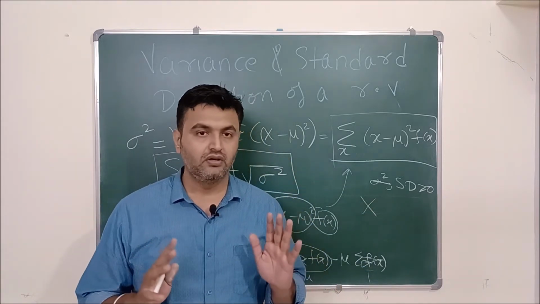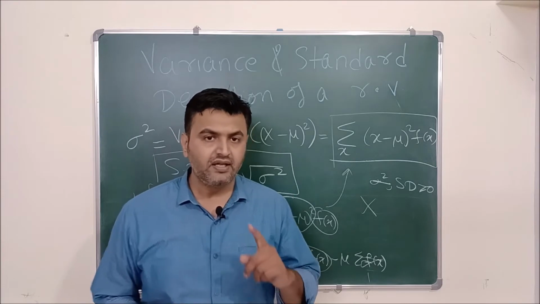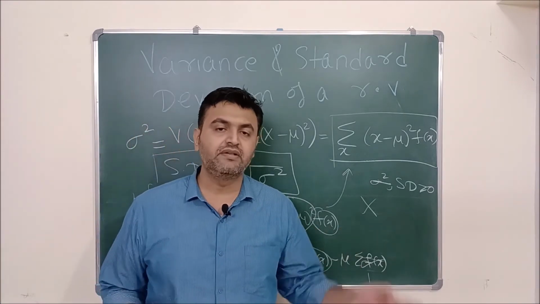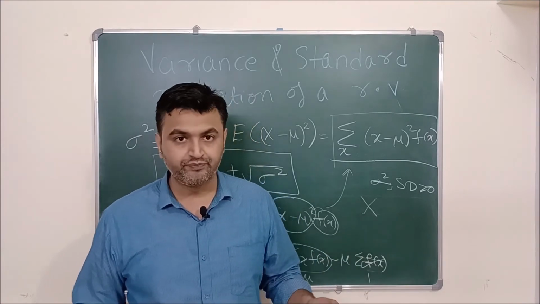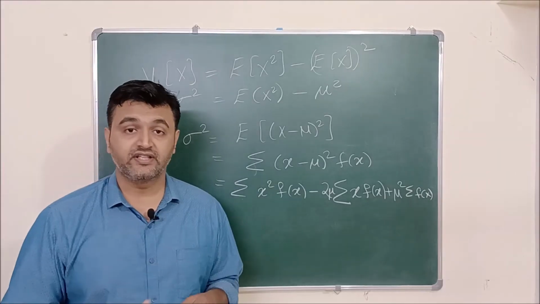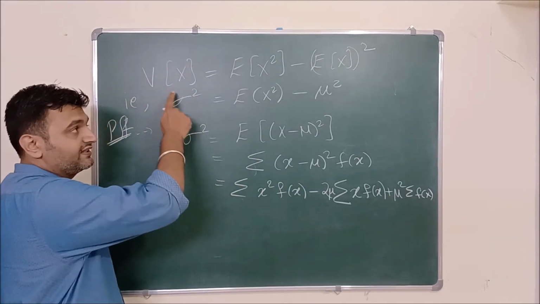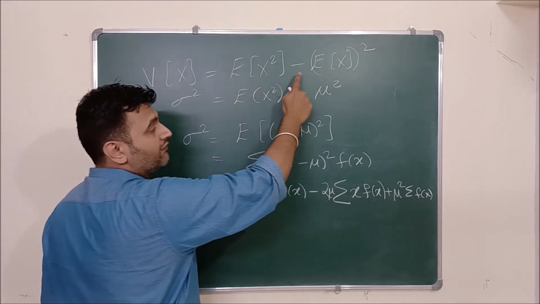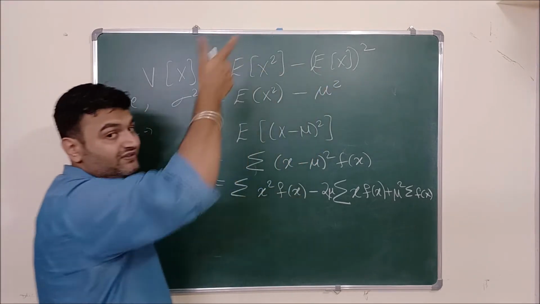Before going to examples, there is a very nice relation between the variance and the expected value. Let us see that first and then we will jump to examples. The theorem says variance is nothing but the expected value of x square minus the expected value of x, the whole square.